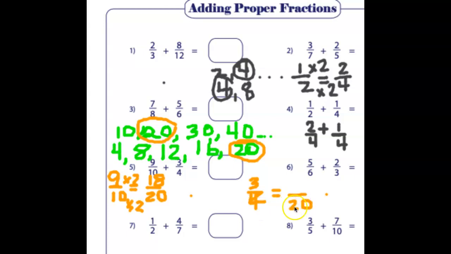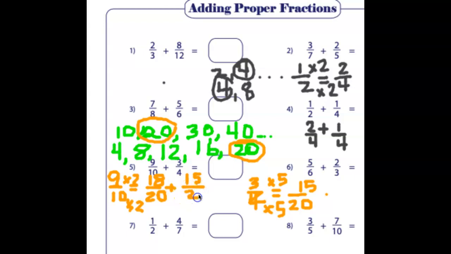We say 4 times what is 20? 4 times 5, right? So we can now do the top one. 3 times 5 is 15. So now we know that 3/4 is equal to 15/20.